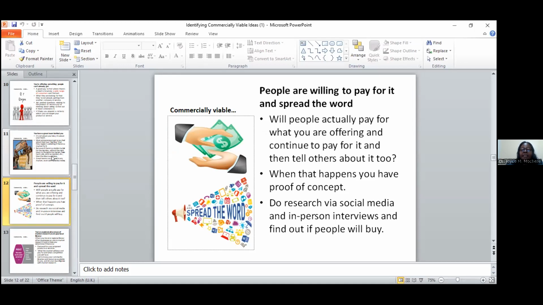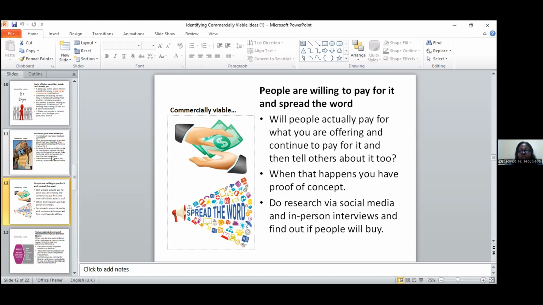If a few people can buy it, even if it's not at a profit, it will give you that understanding that they are in need of it, that you've addressed their pain or their need. So that is promising, because it means your idea will grow. When that happens, you have proof of concept.